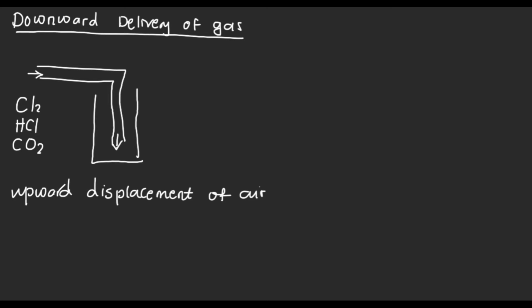The gas is delivered downward. The gas will go down because of its density. But upward displacement of air means that as the gas goes downward, the air that was there is displaced and moves up. Then the gas, since it's denser, will settle down here. So that's the concept that we are looking at here.